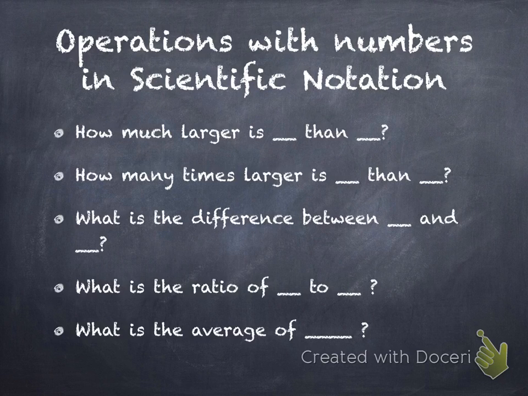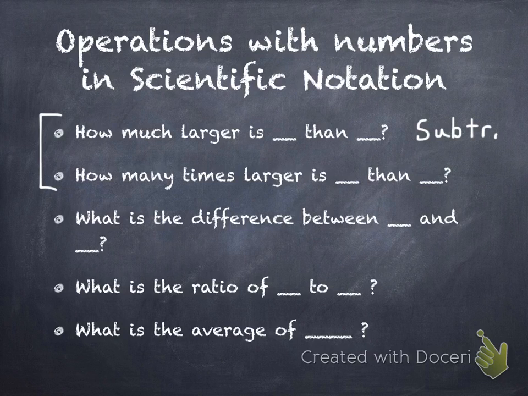Okay, so for these first 2, how much larger is something and how many times larger is that? If I just need to know how much larger, that's a subtraction problem. I just subtract the smaller one from the larger one, and then that gives me how much larger something is.